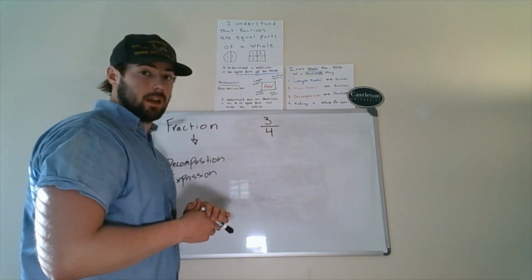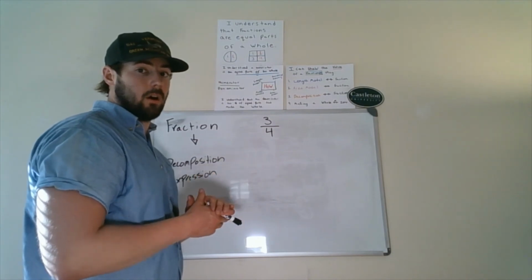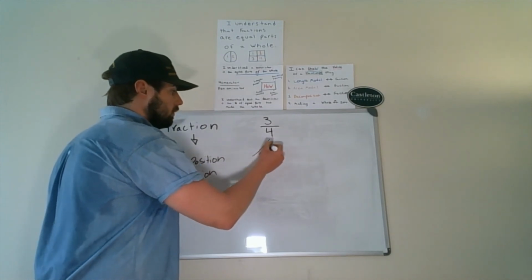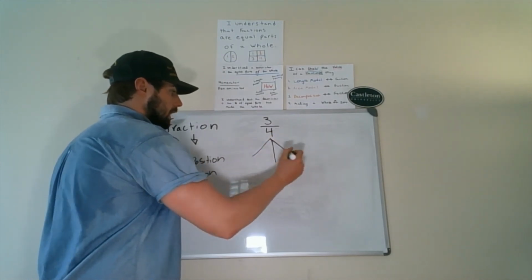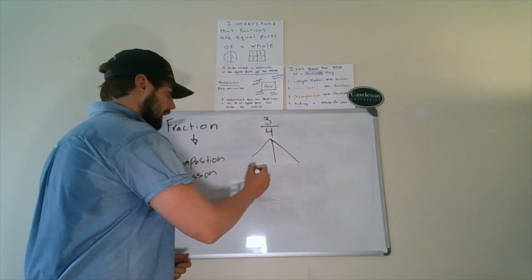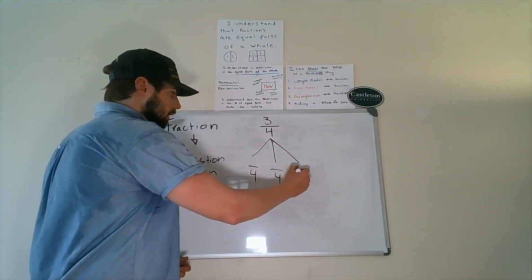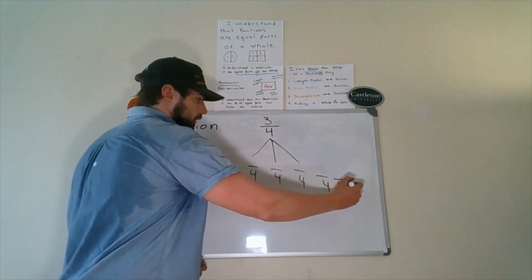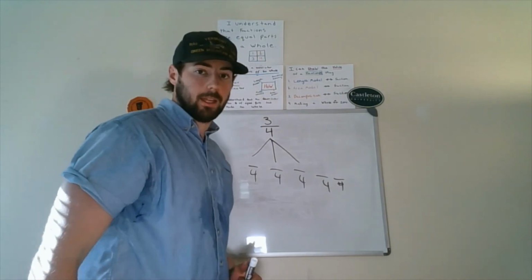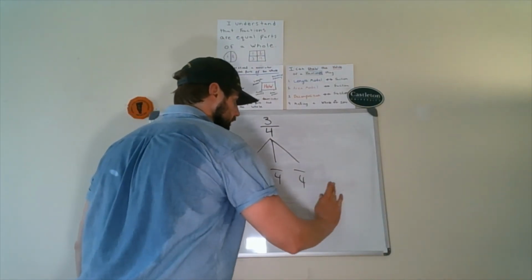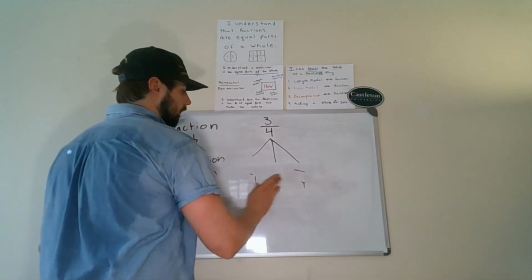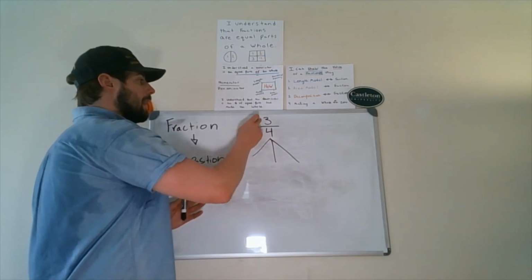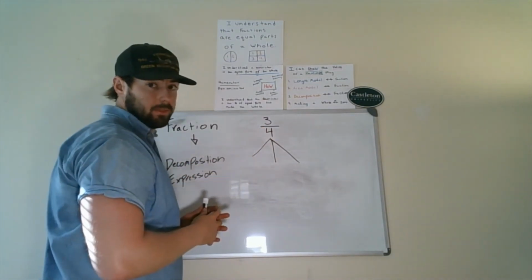What do we need to know about those denominators? We need to know that they do not change. I can have a bunch of fourths, but they all need to stay that way. So we know we're working with fourths, but how many parts?